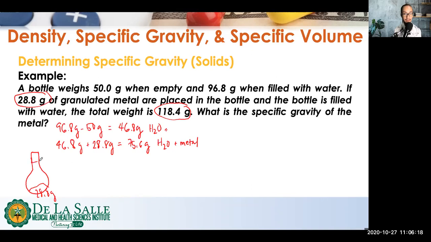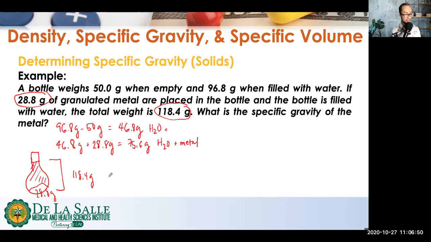That metal displaces a certain volume of water. We know that the weight of the bottle, the water and the metal is 118.4 grams. What we don't know is the weight of the water that remains in the bottle, or the weight of the water that is displaced by the metal.